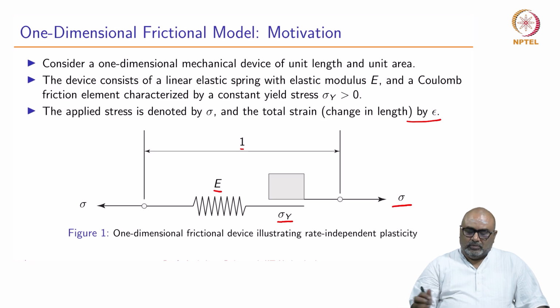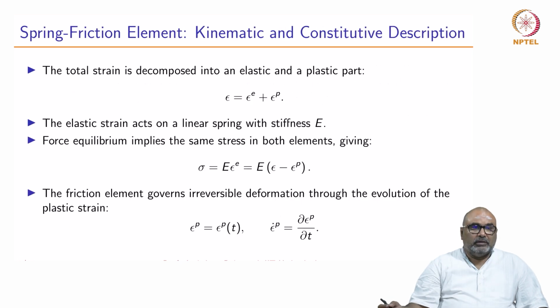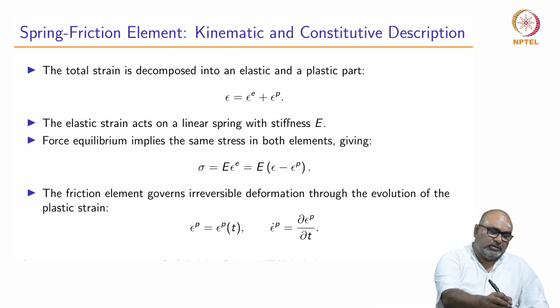So, when sigma y is greater than 0 and sigma is greater than sigma y, the frictional device will come into effect. The following is the kinematic and constitutive description for the spring and frictional element.